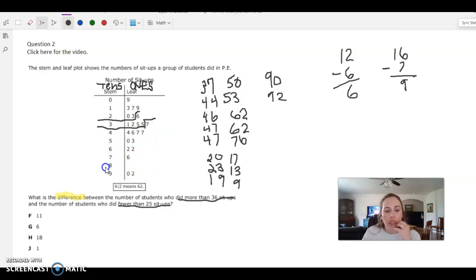And we're not going to count any in the 80s because it doesn't have anything in the ones place value. If a child had gotten 80, there would be a 0 here, just like the 90, right? There wasn't. Okay, so I want you to explain why G, or 6, is the correct answer.